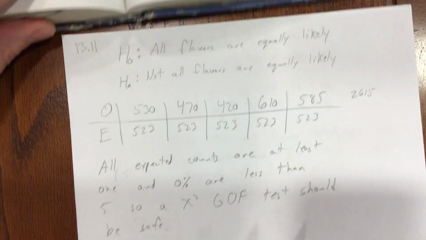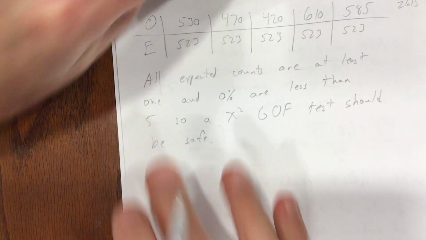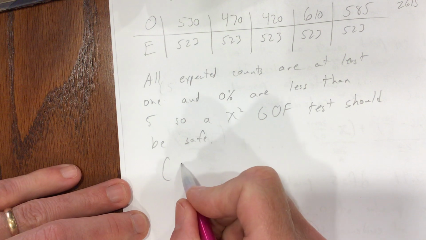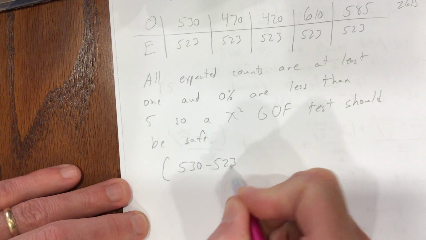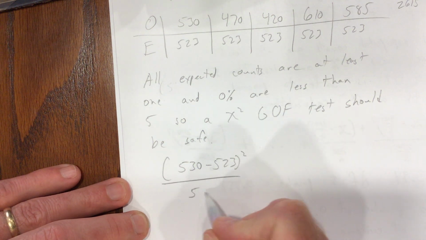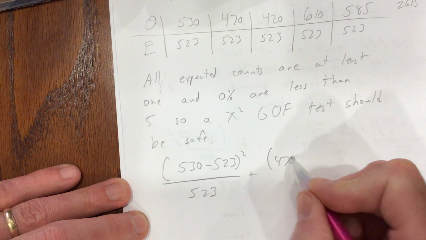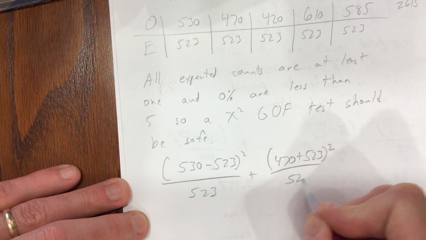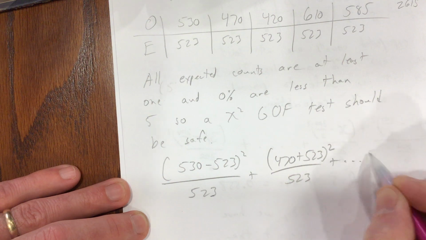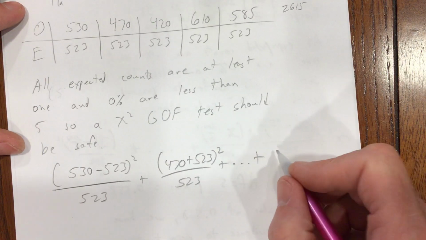All right. Now, the calculation, we take our observed count minus our expected count, square it, divide it by the expected. And do that for all 5 flavors.